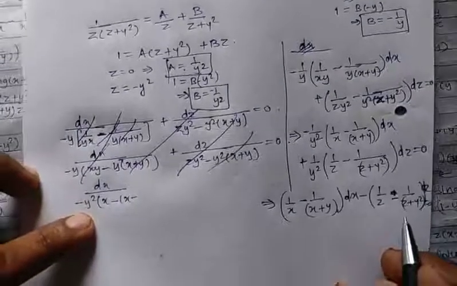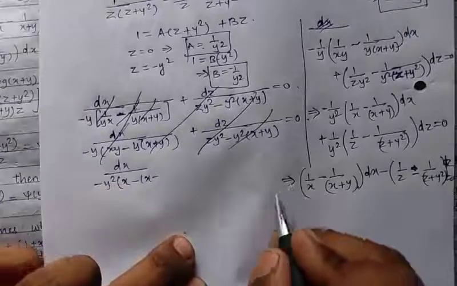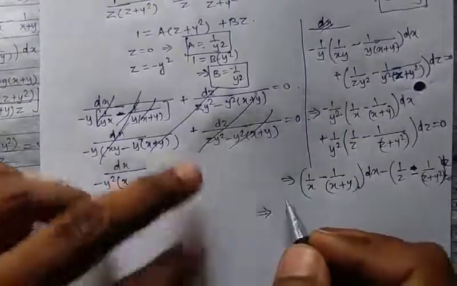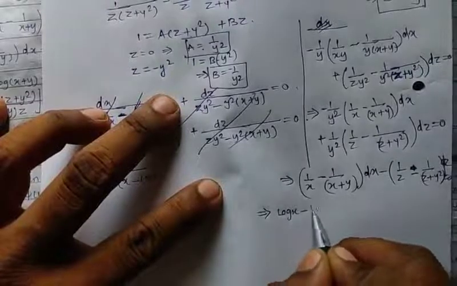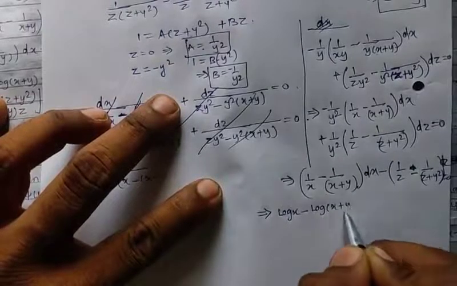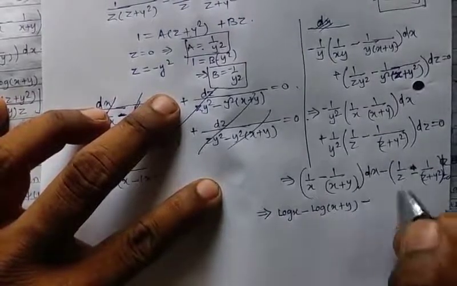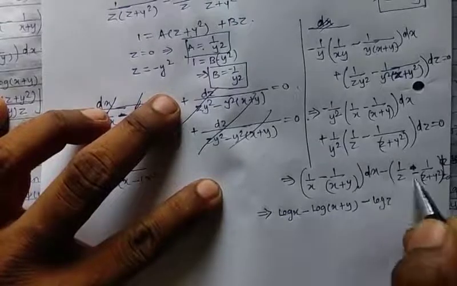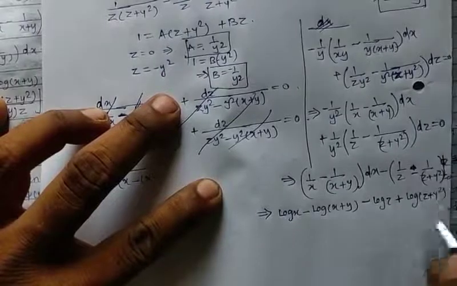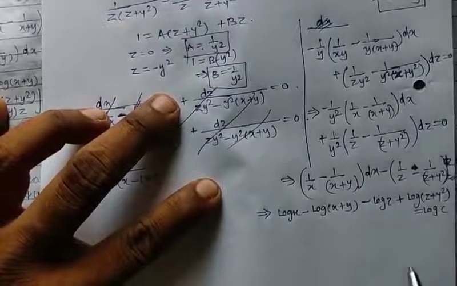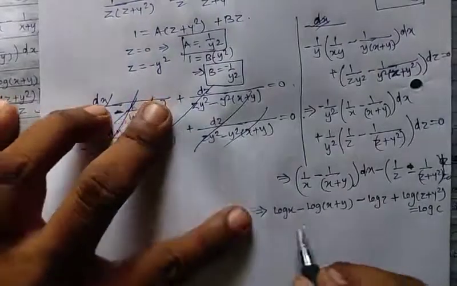After integrating, we get log x minus log of (x + y), because here y is constant, minus log z plus log of (z + y²), is equal to log c, a constant.